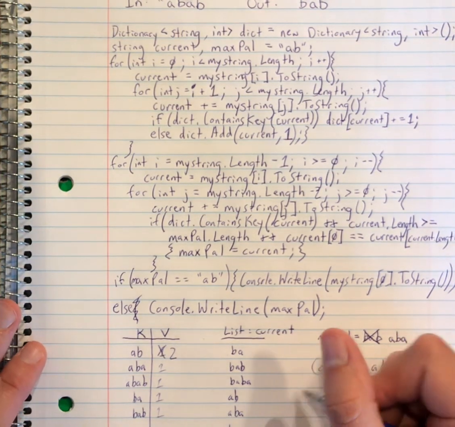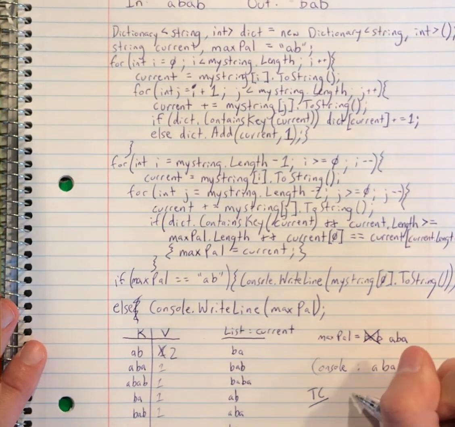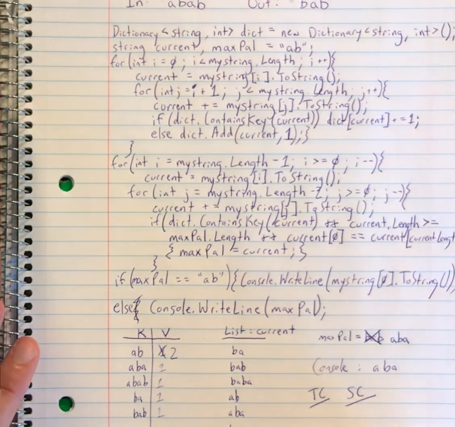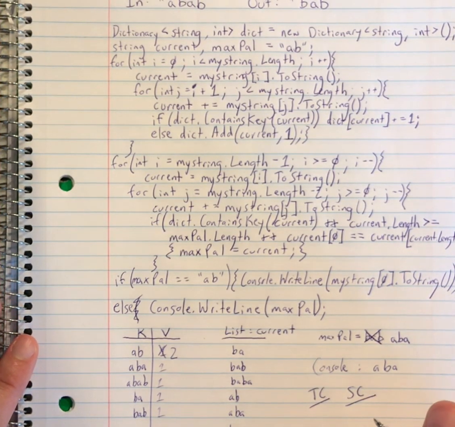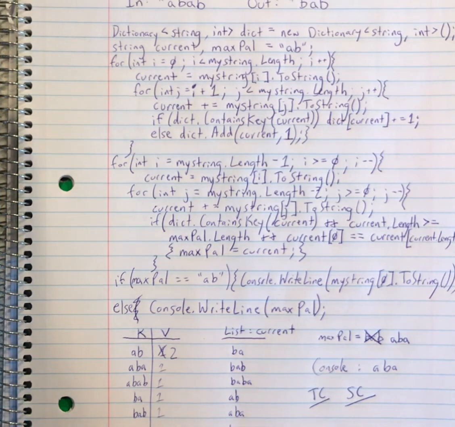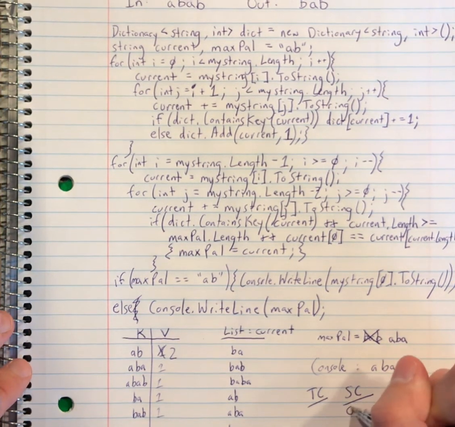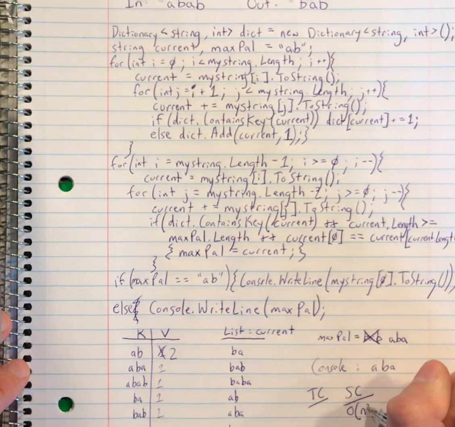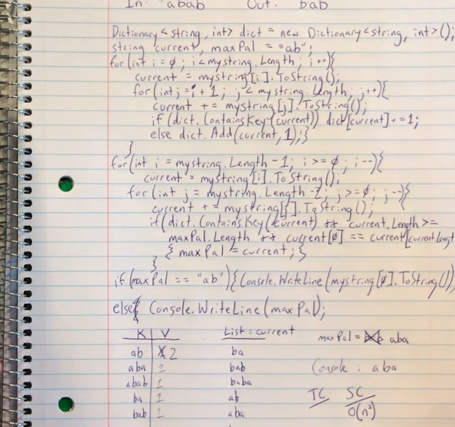So an analysis of the time complexity and the space complexity. Space complexity, I already mentioned, is big O of n squared. In worst case, we're inputting n squared elements into this dictionary. I'm not sure what average case would be, but worst case is n squared.